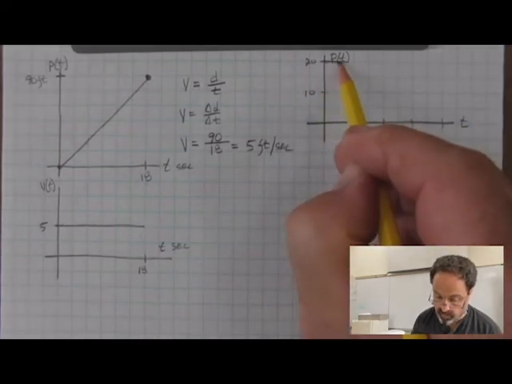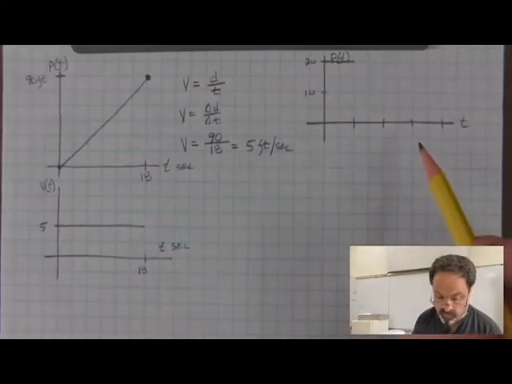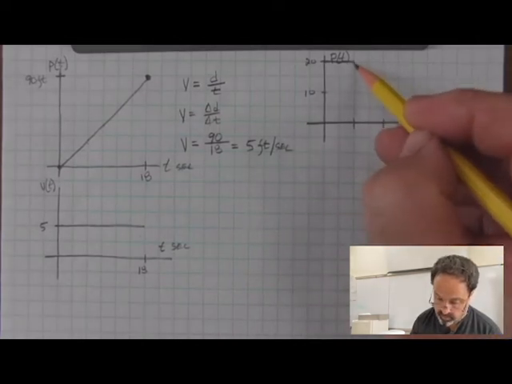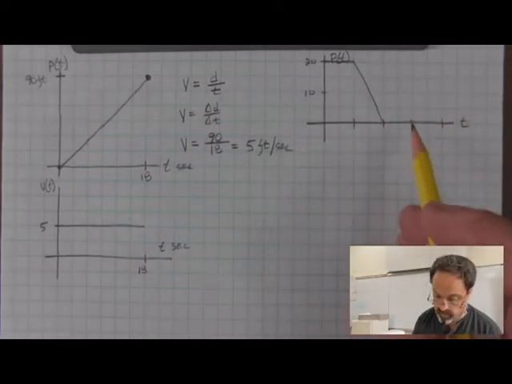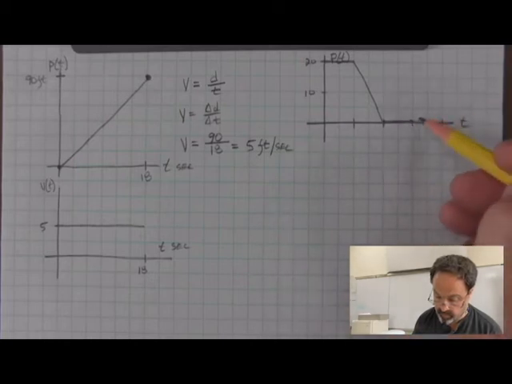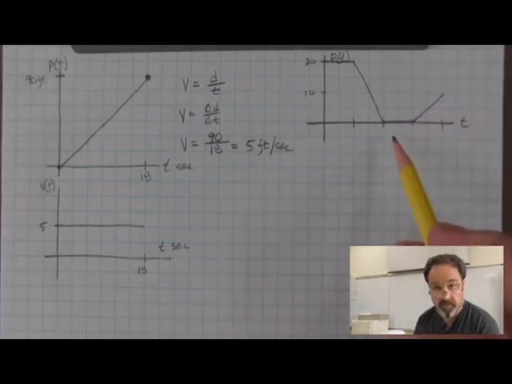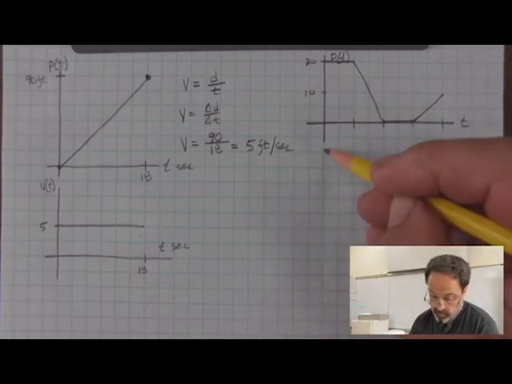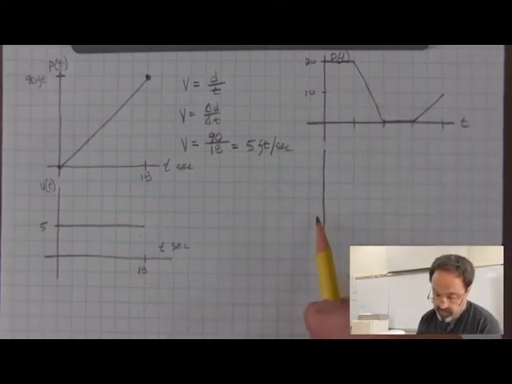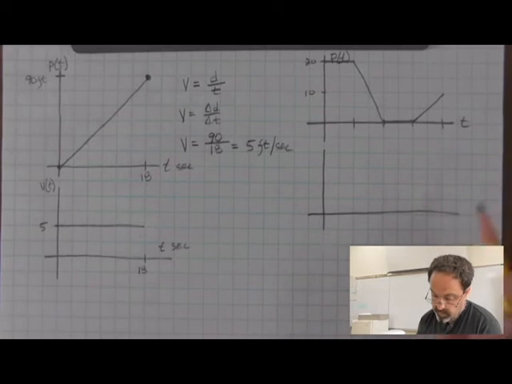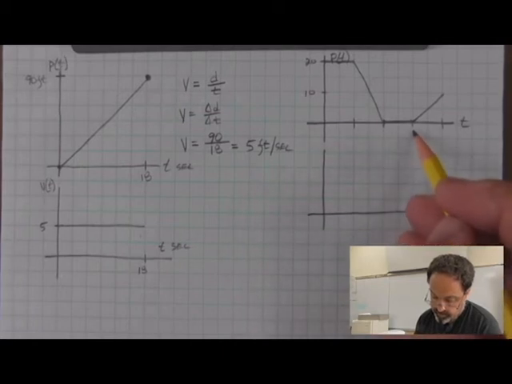We're going to graph a constant piece at 20, and then a linear piece that goes down, another constant piece here, and a linear piece that goes up. This is a position graph, and it's going to relate to a velocity graph that has the same intervals on the time axis. Let's label these 8.